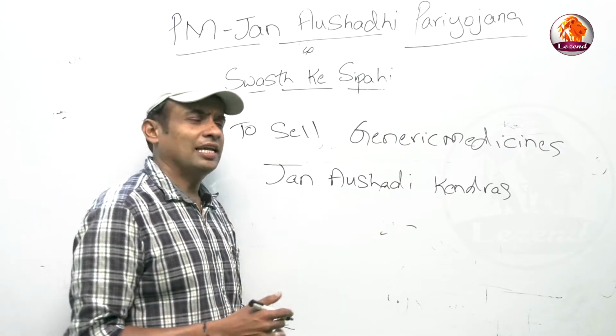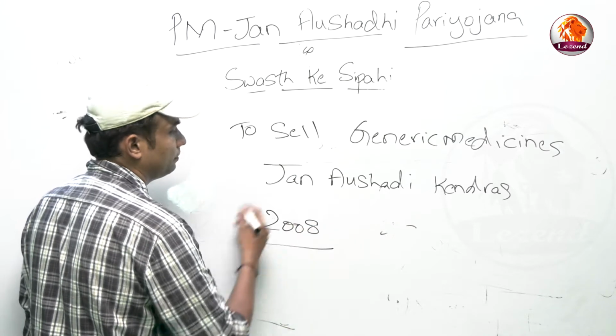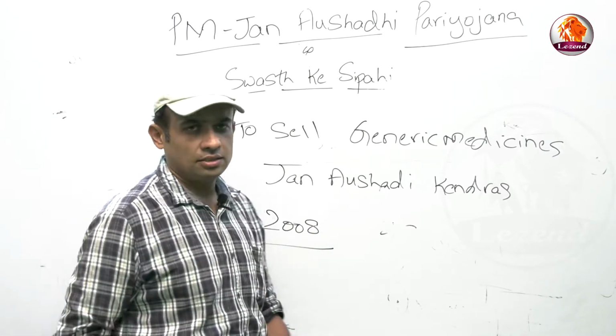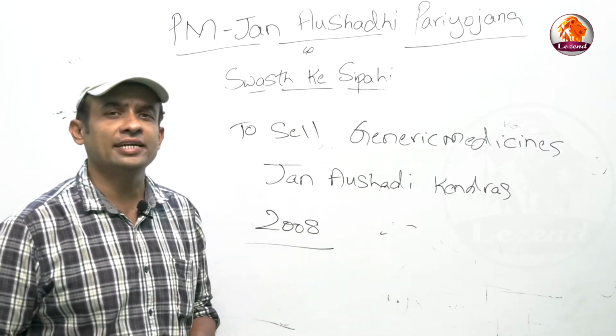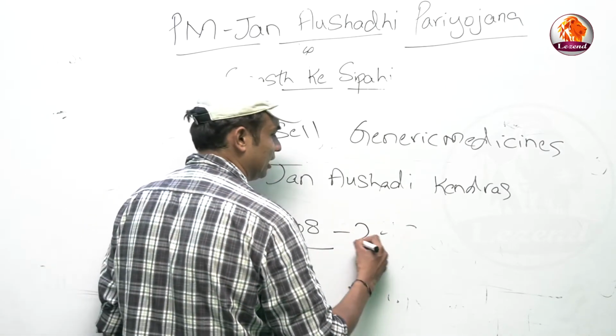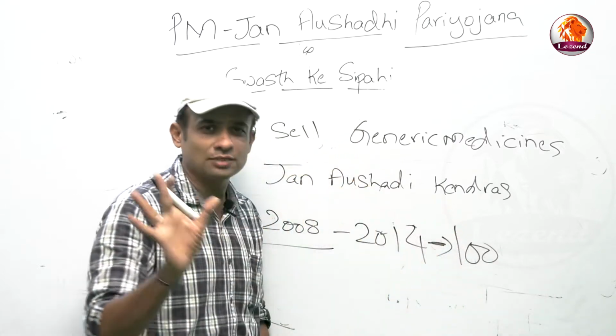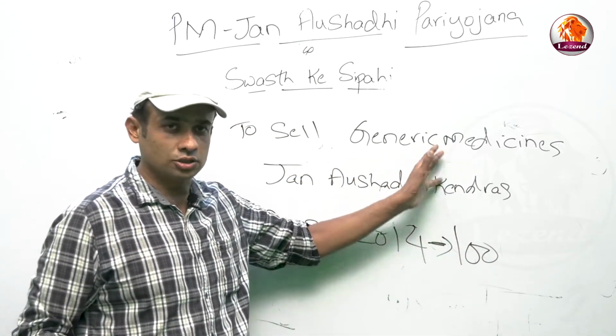Previously, the first generic medical store was installed in 2008 in Amritsar. From 2008 to 2014, only 100 medicines were available in these generic stores.